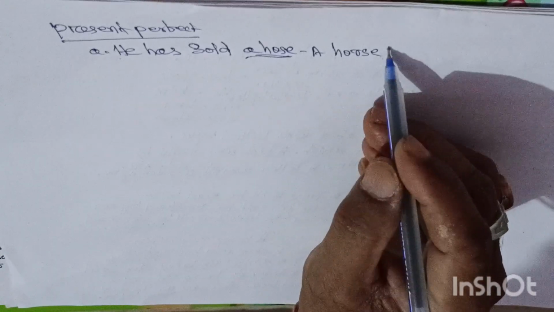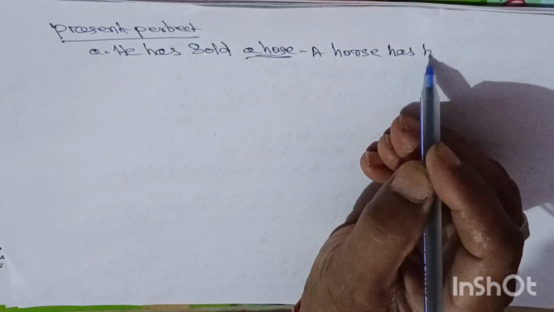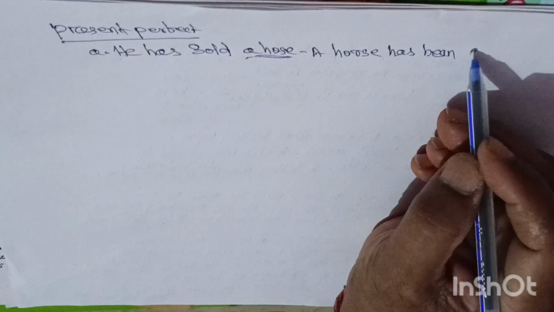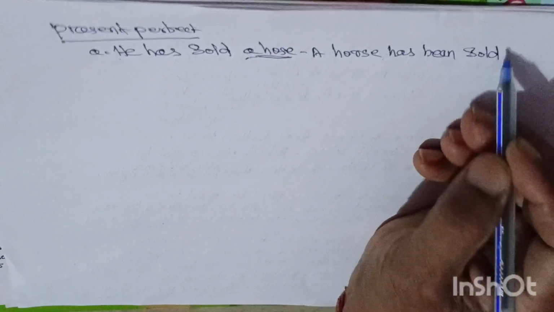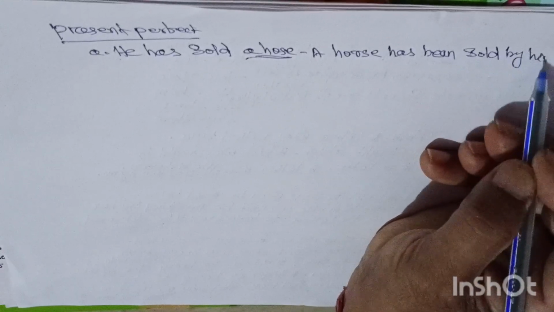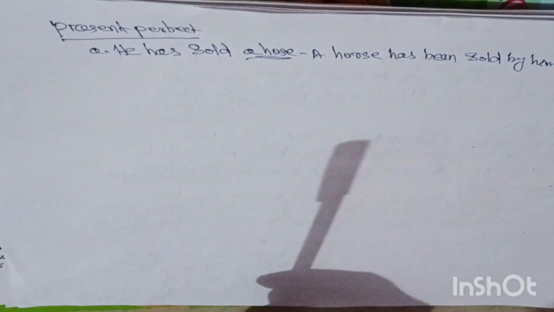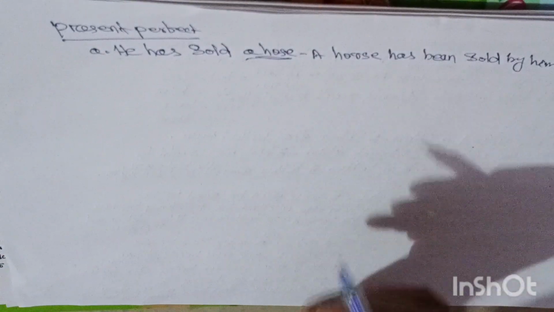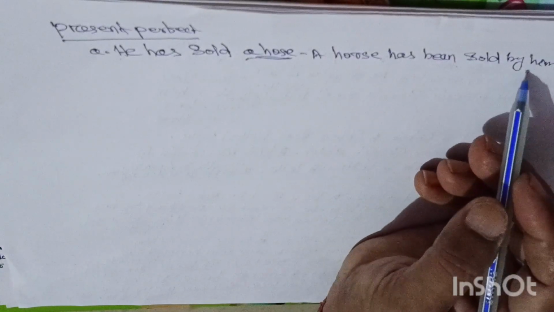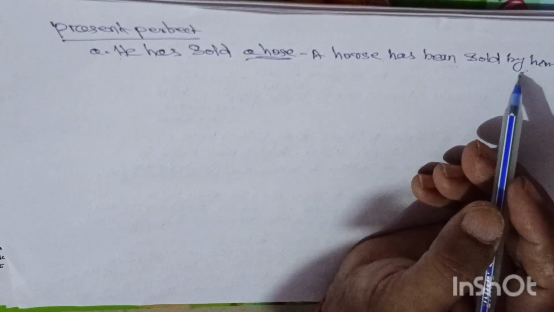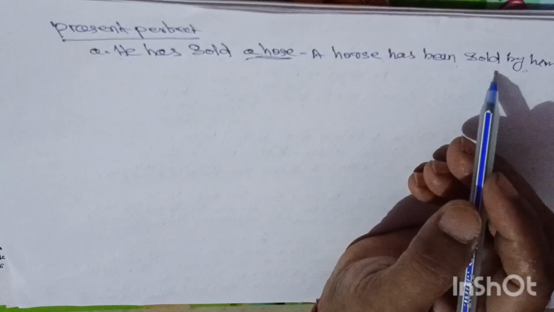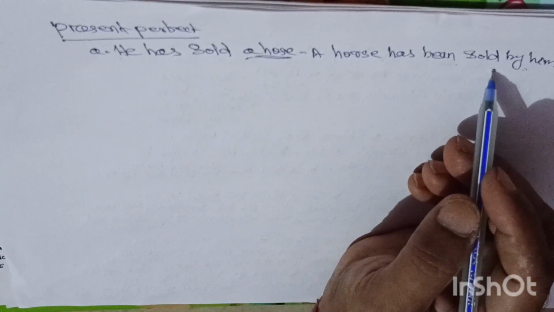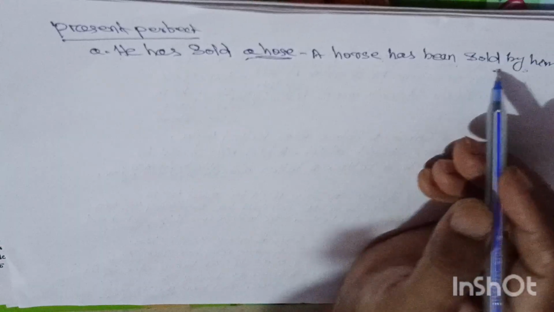After "a horse", "has been" is used, then the verb in past participle, "sold by him". So the passive voice of "he has sold a horse" is "a horse has been sold by him".